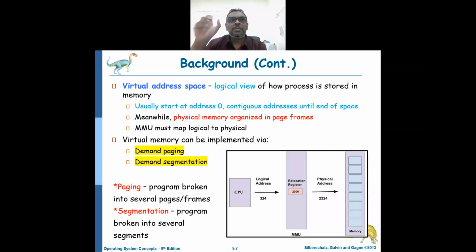So when you see the word demand paging or demand segmentation, we are talking about the pages or segments which are inside the virtual memory, as compared to chapter 8 where we have paging and segmentation with no demand, so those pages or segments are all inside the physical memory only. There is no utilization of the virtual memory.